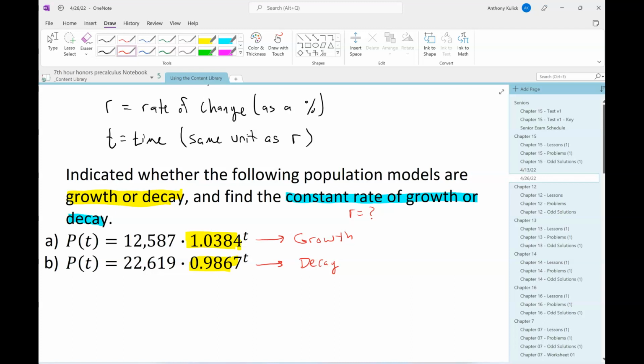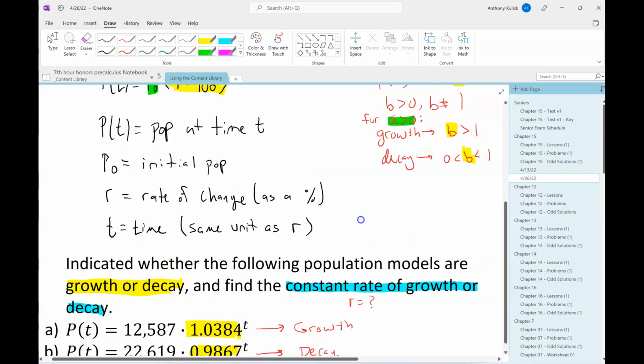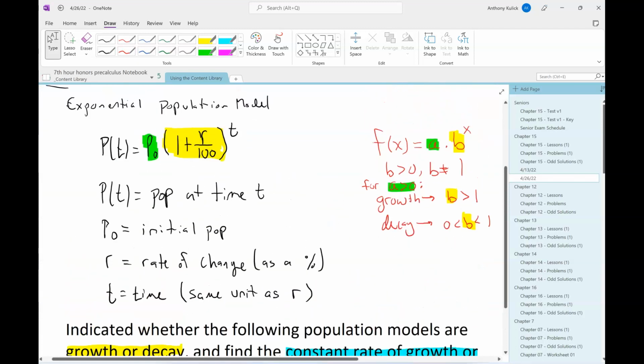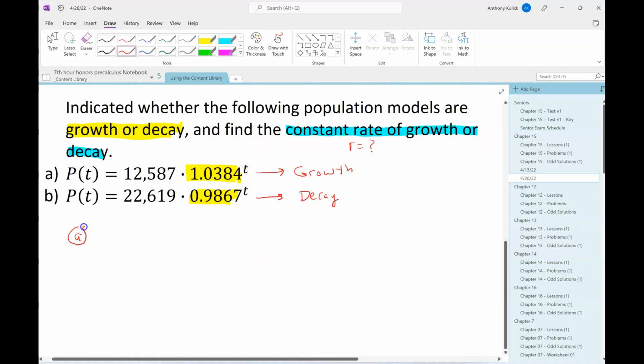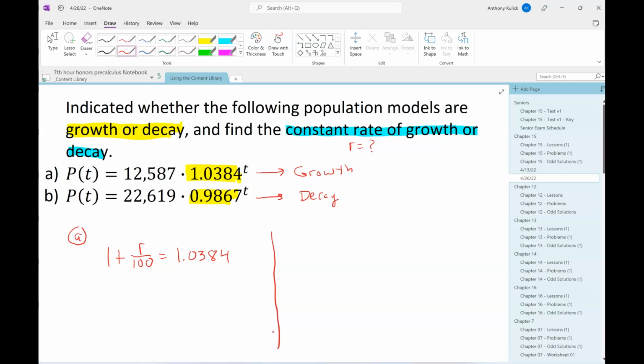Everybody's okay with that? So above, we observed that 1 plus r over 100 is the same thing as our value for b. So to solve part A, I'm just going to take 1 plus r over 100, set it equal to my value for b, and then solve for r. So I'll subtract 1 from both sides and then multiply by 100.